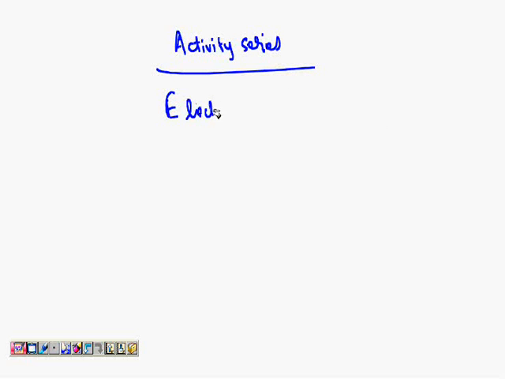In the same way we are going to have an activity series of metals also, that is positive ions. But here we are not going to call it the activity series of metals, we are going to call it the electrochemical series.